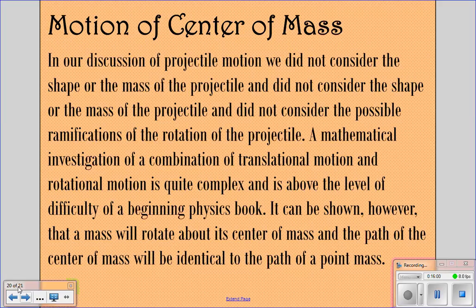They've got a hammer and a swimmer, and you can see the pictures there. It's going to keep the same shape as just a point mass. And so we're not going to worry about the translation motion and the rotational motion for this particular physics book.